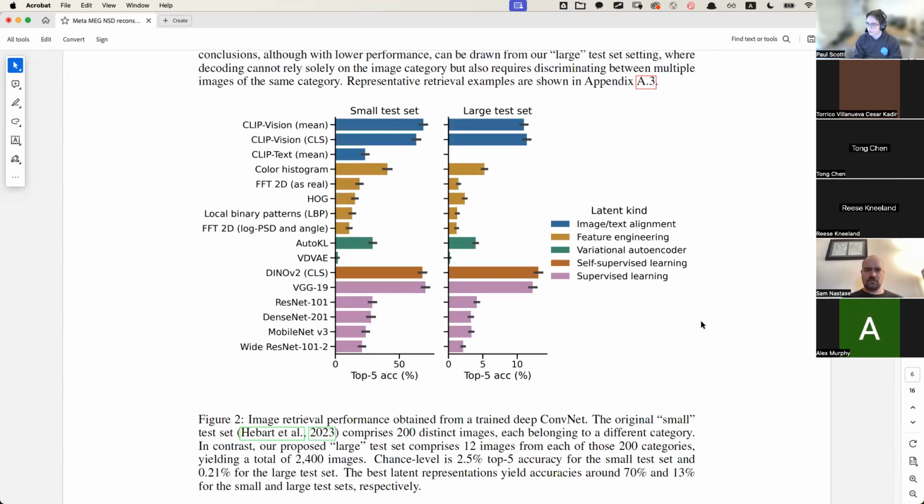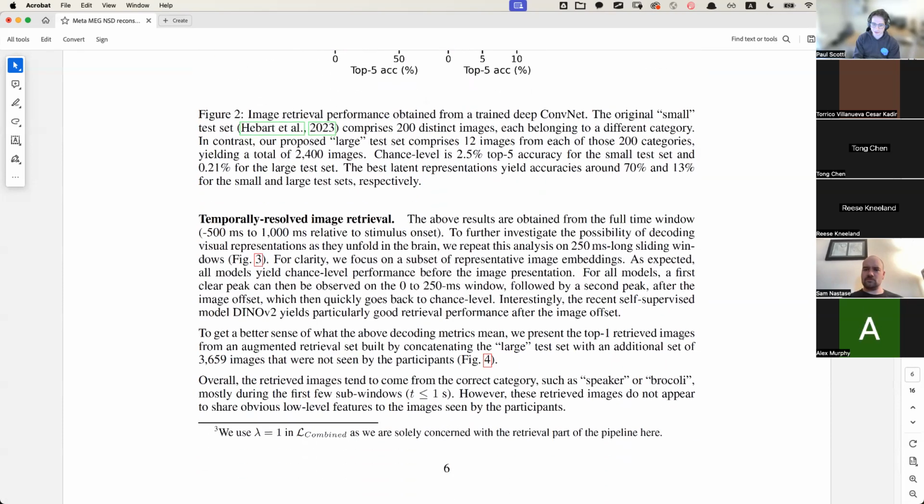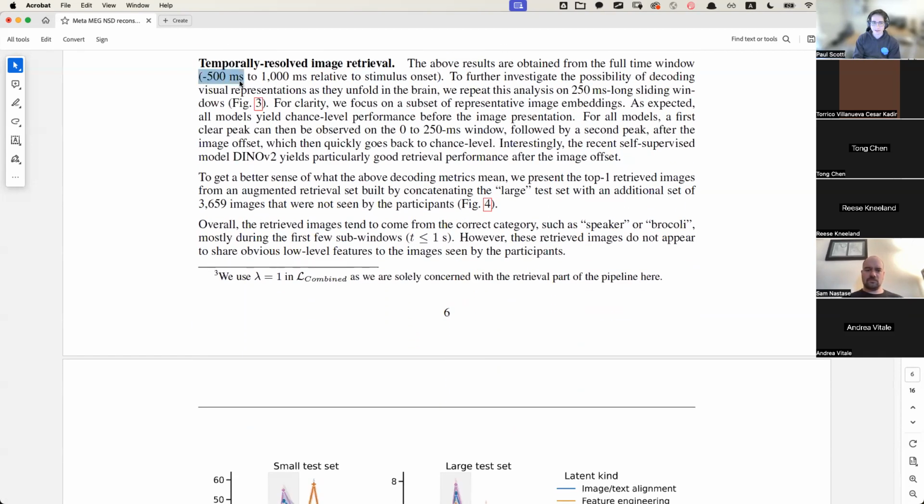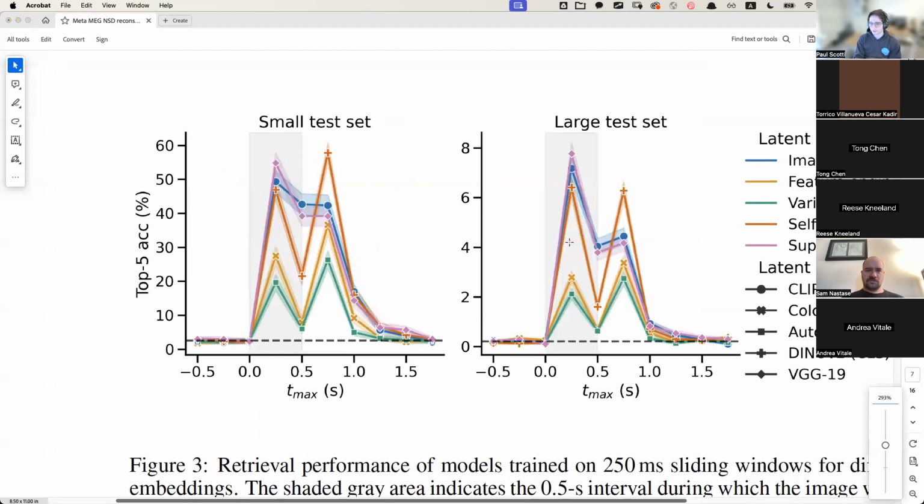Another thing to note is they make a big deal about the temporal resolution of MEG, right? But their time window here is 0.5 seconds in the past to a second after. So it's a 1.5 second time window, which is not really real time, if you want to make a big deal about decoding immediately. They do address this here. They change the time window from negative half a second to a second into the future, to just a 0 to 250 millisecond time window, and they get pretty comparable performance, I think.